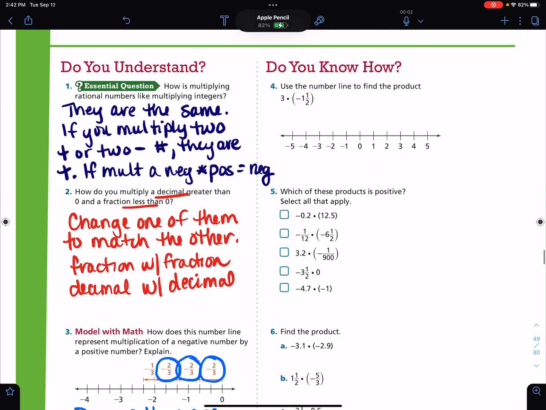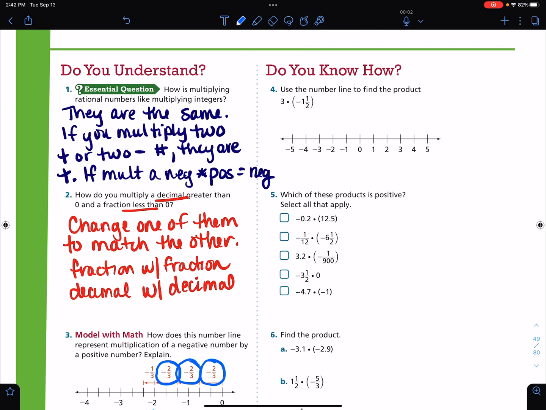Okay, we're going to have to continue. So we're going to use the number line to find the product 3 times negative 1.5. Number line is my favorite, you guys know that. So we're going to make 3 groups of negative 1.5 with a number line.